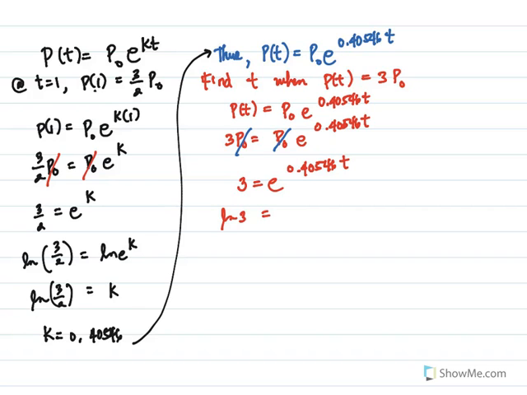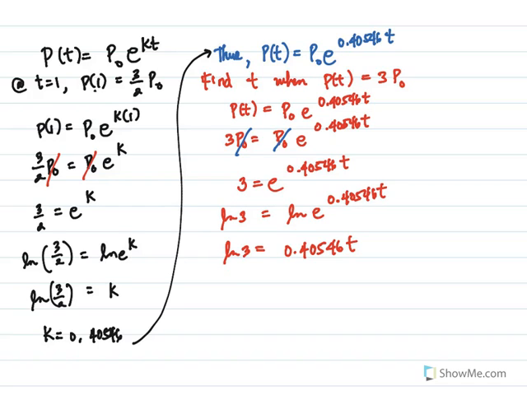ln of 3 is equal to ln of e raised to 0.40546 t. So ln 3 is equal to 0.40546 t.